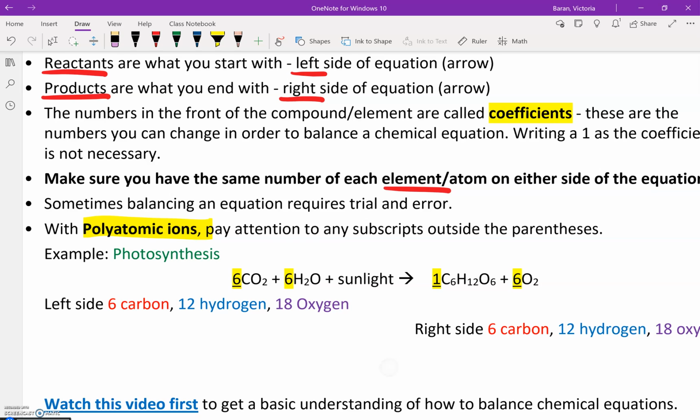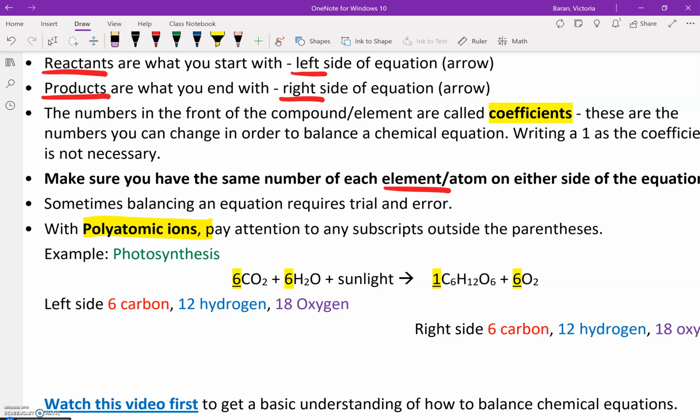I'm saying I have 6 CO2s, so that means I have 1 carbon here, and I have the 6 in the front, so that means I have 6 carbons there. However, on this side, that 6 is already there as the subscript, so I have to put a 1 in the front to get that to be 6.